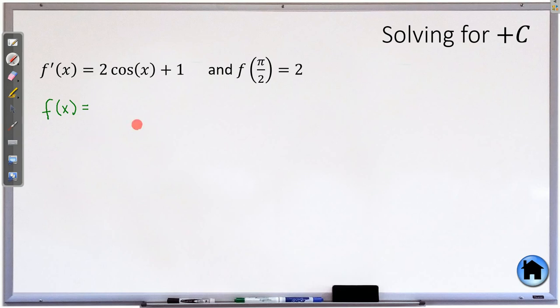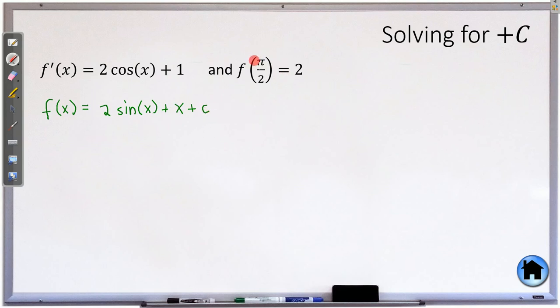So the antiderivative is going to be 2 sine of x. The antiderivative of cosine is sine, and it's positive, so we don't add any negative there, plus x plus c.